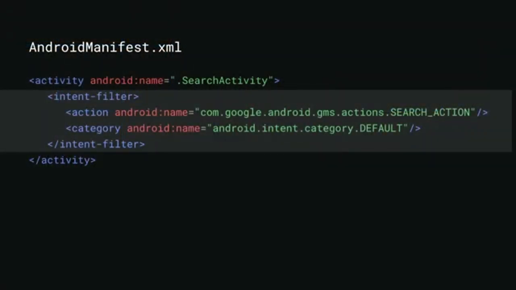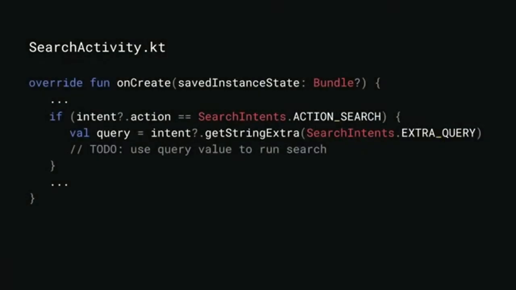Implementation is quite straightforward. First of all, go to your Android manifest and add a new intent filter to either an existing activity or create a new activity. Set the action to what you see here, com.google.android.gms.actions.search_action, and set category default like you normally would. Then in your activity, you're going to use standard APIs to read the intent that was used to start the activity and check the action matches the action we set in our manifest.